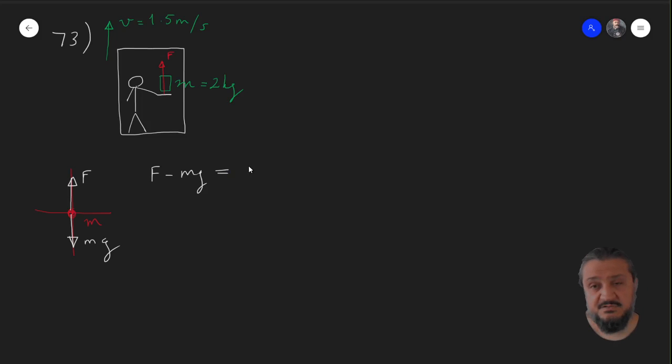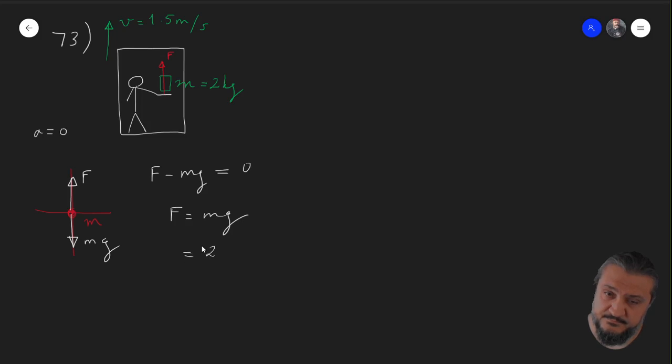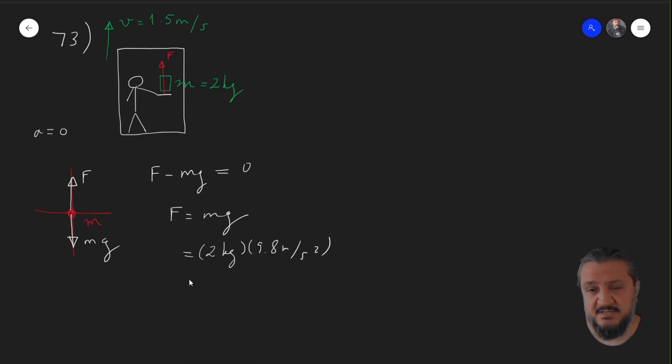That will be your net force, and the net force is equal to 0 because a is 0. Therefore, F is equal to mg. 2 kilograms times 9.8 meters per second squared. So we have 19.6 newtons. In other words, there is no net force on the object.